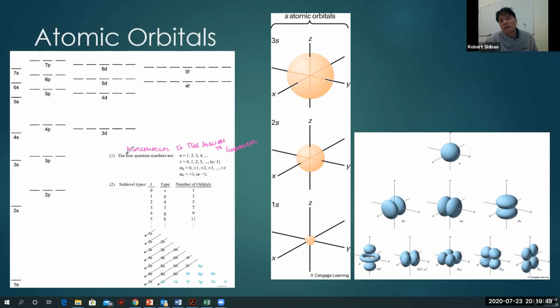For the hydrogen, in fact, for any atom, there are an infinite number of answers. And so for each atom, there is an infinite number of allowed orbitals.